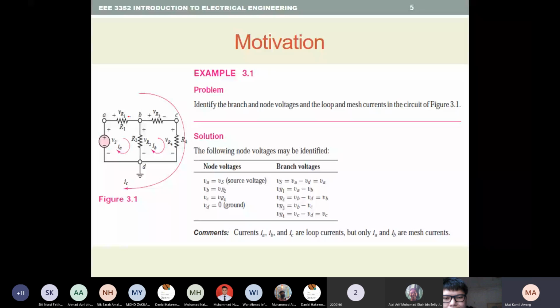If you use node analysis, you calculate VA, VB, VC, and VD. If you use mesh analysis, we find IA, IB, IC. Then from there, you can find the voltage.